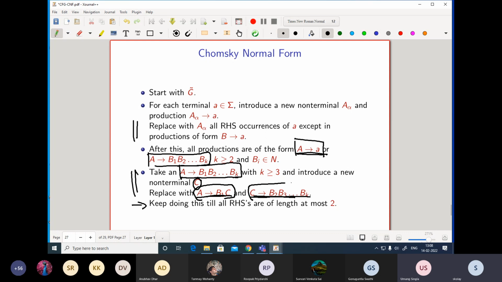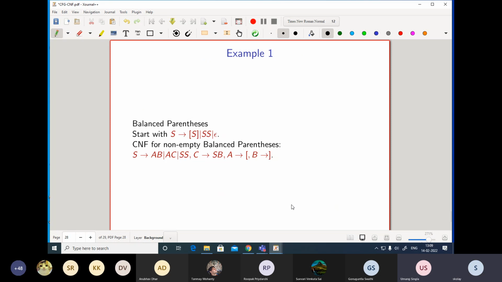The other one we will keep working on, till this breaks into a set of new productions such that each of them has exactly 2 non-terminals on its right hand side. So this is the process in which a context-free grammar can be converted into a Chomsky normal form for all the non-empty strings.